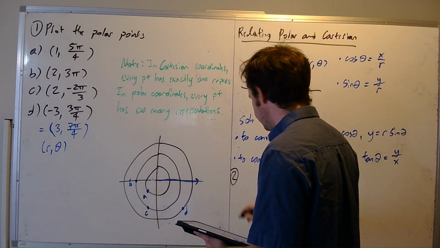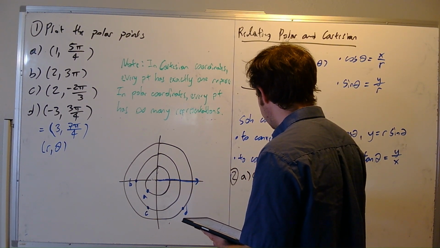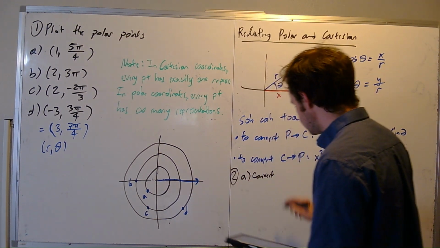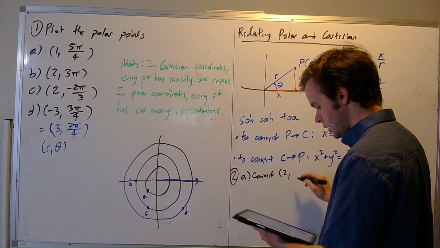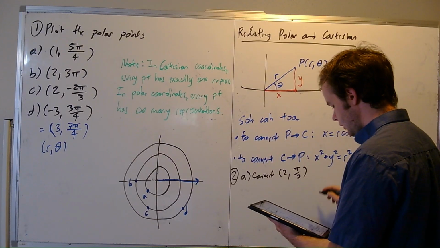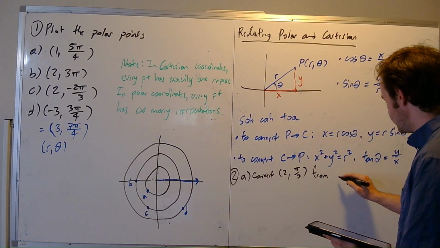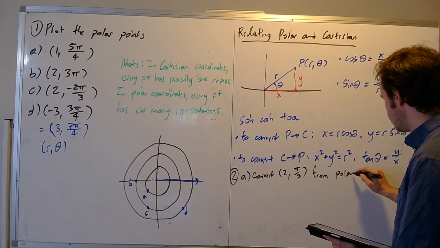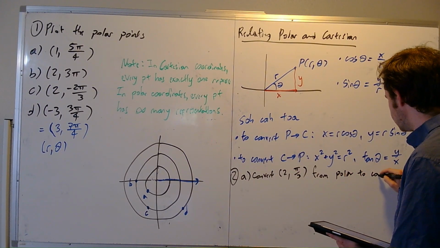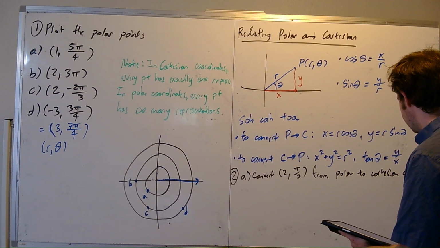Example number 2. It says convert the point 2 comma pi over 3 from polar to Cartesian coordinates.